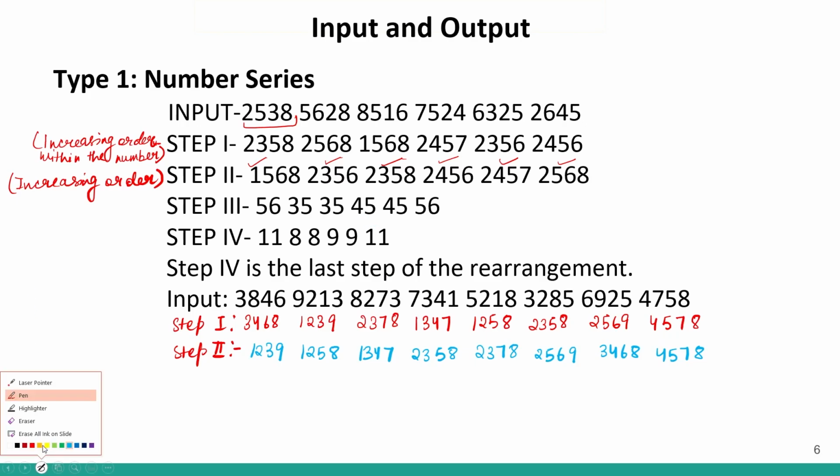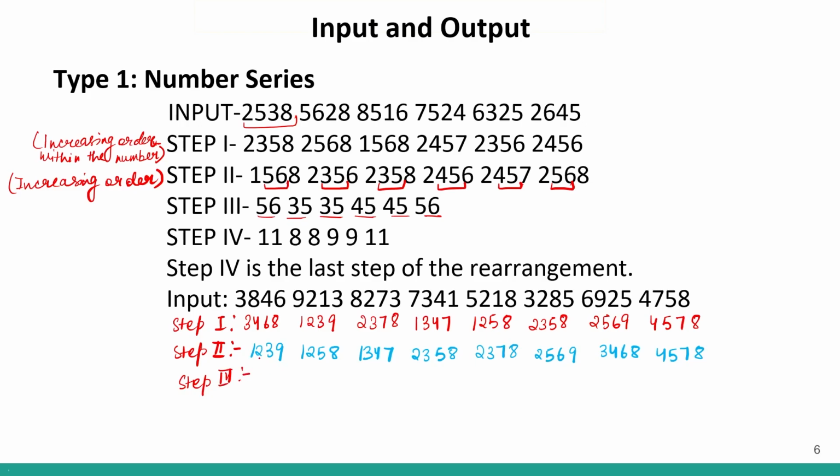Moving on to step number 3. In step number 3, I see 56, 35, 35, 45, 45 and 56. When I look at step 2, I can see 56 is over here, 35 is over here, 35 is over here, this is 45, this is 45, and this is 56. So basically we have written only the middle two terms. We have eliminated the first and the last terms. So we will do the same thing over here in step 3.